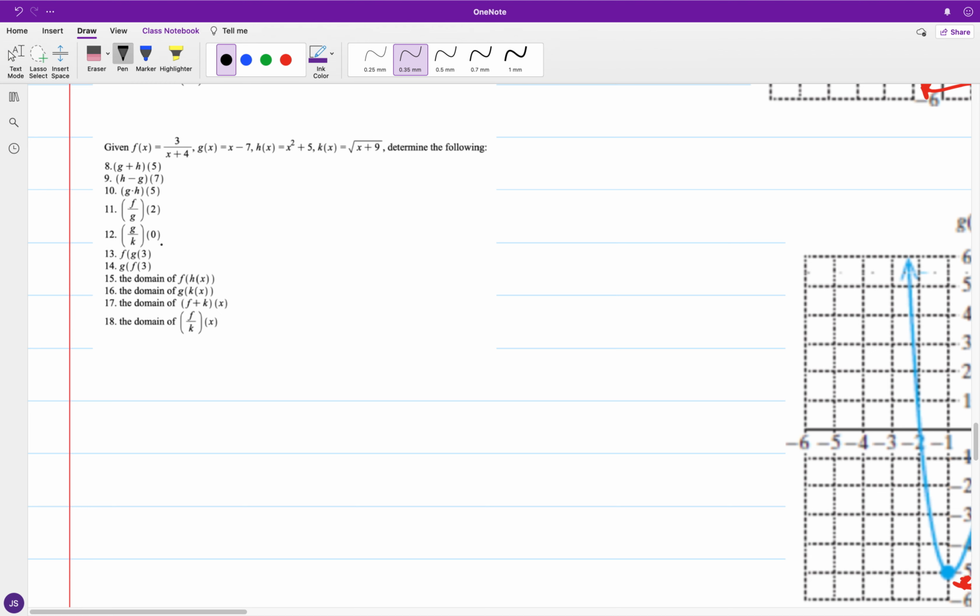In number 8, you have g plus h of 5. I'm looking at a specific case, so g plus h of 5 would come out to g of 5 plus h of 5.